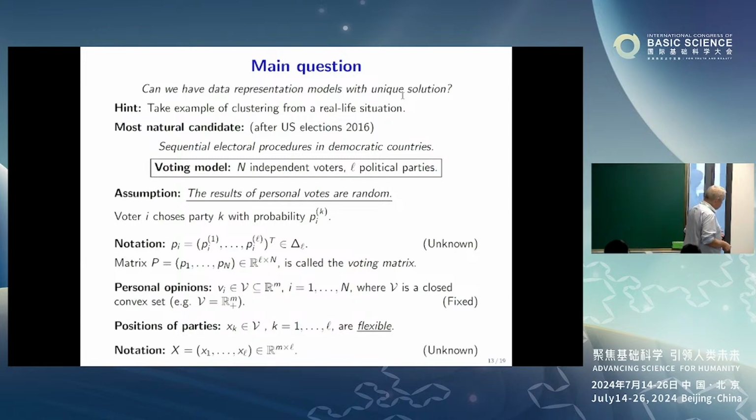The position of the party will be the output of the model. Now we need to describe how we compute the probabilities to vote for some position.